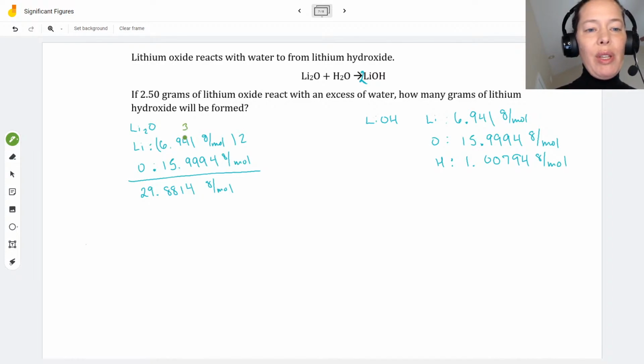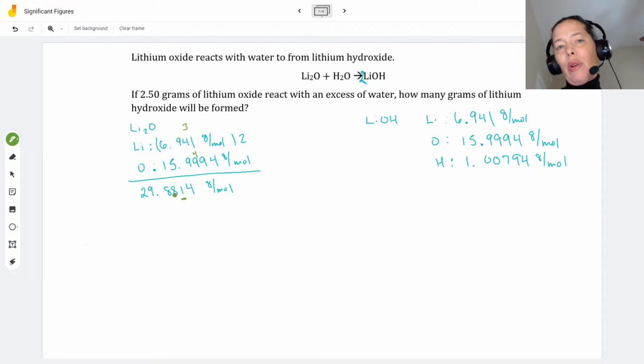So lithium gives me 3 decimal places. Oxygen gives me 4, so I'm going to limit myself to 3 decimal places. Just like for the calorimetry problem, I'm just going to put a line under that decimal place that I'm going to round to. I'm going to keep that 4 moving forward and just put round to the correct number of sig figs at the end of the calculation.